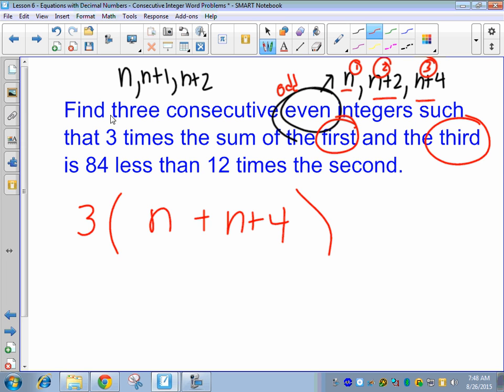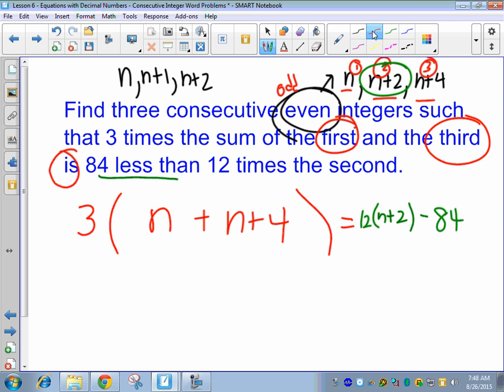And then that's my equal sign. Again, 84 less than. That means you have to leave a space and then put a minus 84. So 84 less than 12 times the second. So 12, and we're going to multiply times the second integer, which is n plus 2.